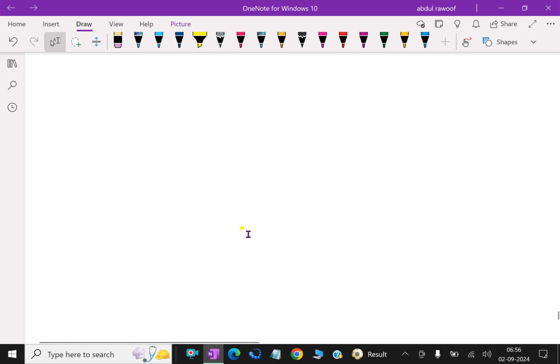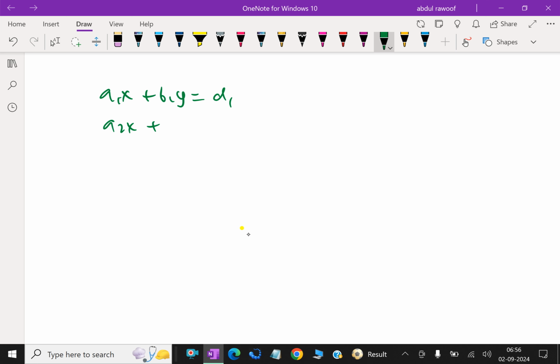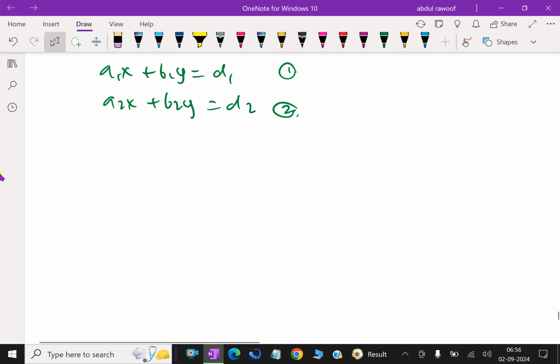Now, in general, look at here, the system of equations a1x plus b1y equal d1, a2x plus b2y equal d2. This is a system of equations in two variables. Now we can find by Cramer's rule.